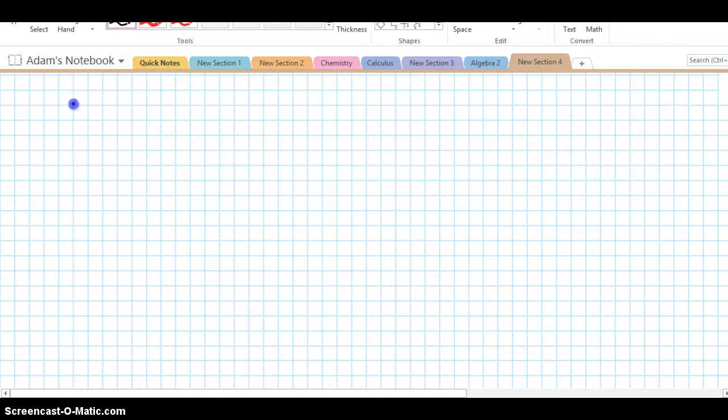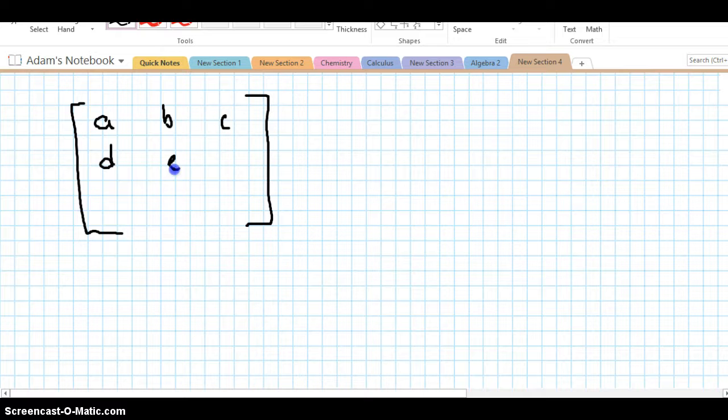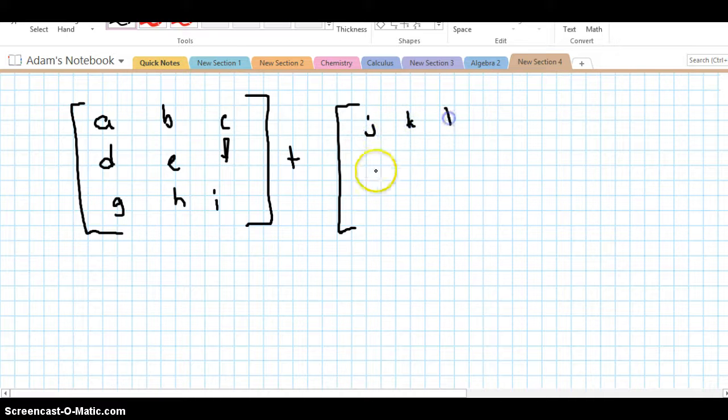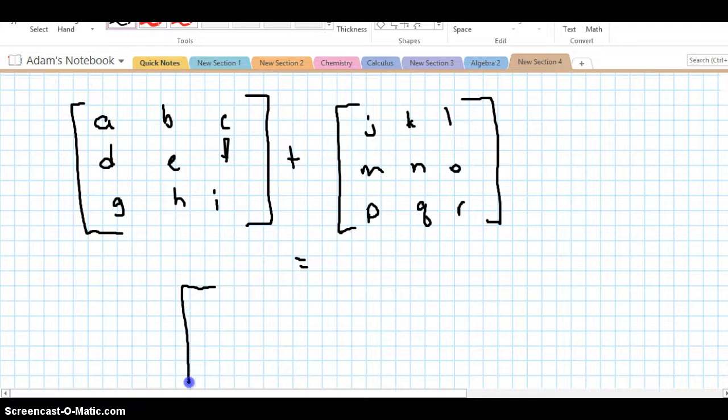Let's say we had a square matrix with 9 elements that look like A, B, C, D, E, F, G, H, I, and I wanted to add that to J, K, L, M, N, O, P, Q, R. Well, if I add them together, my new matrix would have the elements like this.